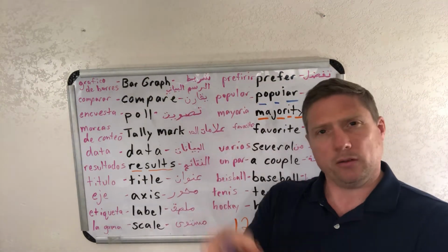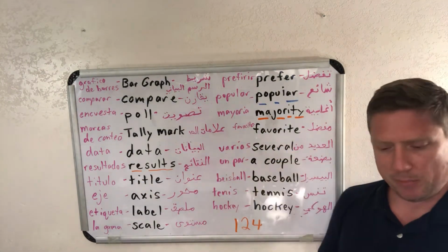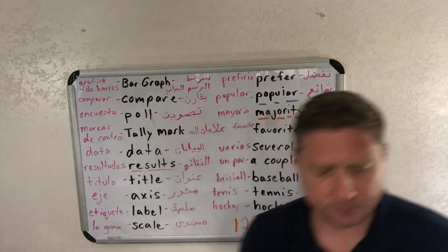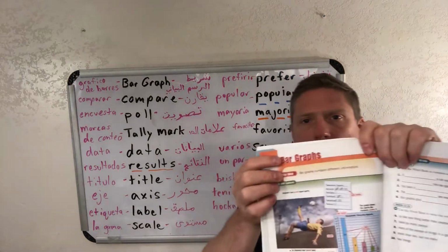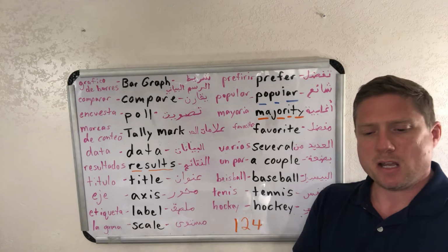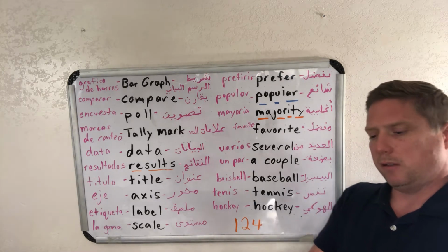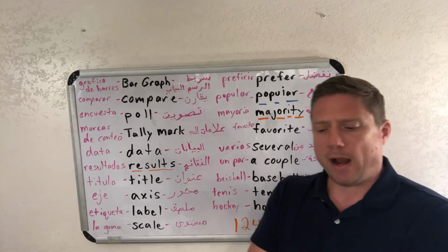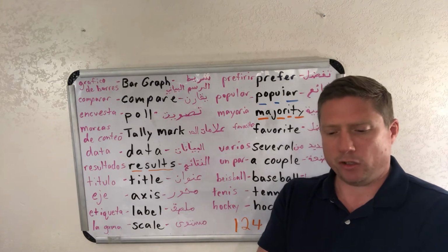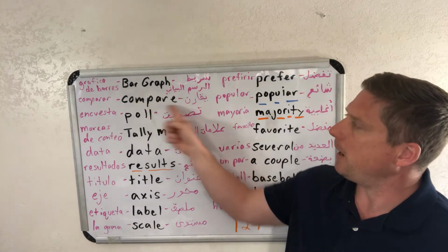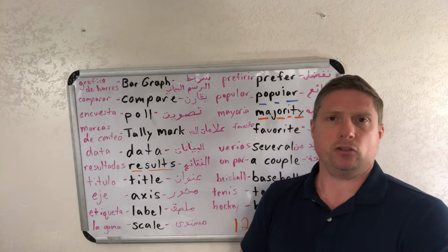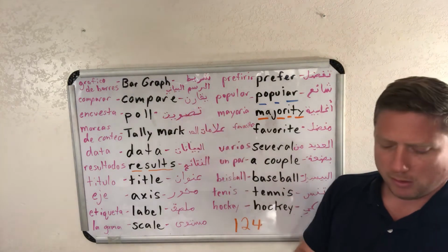All right, now let's look at page 124 in your book. Let's read together so you can hear these words and some repetition. Okay. So first we see our title here. It says bar graphs. The big idea below that says bar graphs compare different information. So bar graphs compare different information. Okay?